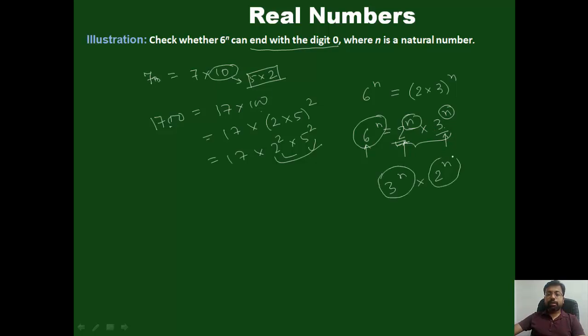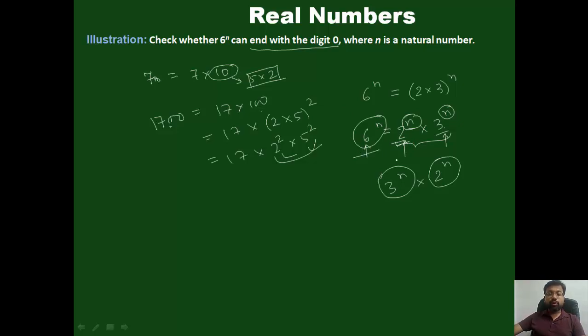which means that besides 2 and 3, there is going to be no other prime factor for the number 6 to the power n, which means there is not going to be a 5 as a common factor. Since you don't have 2 and 5 both as a common factor, 6 to the power n is never going to end in the digit 0. Although we have 2 as a common factor, there is no 5 here.